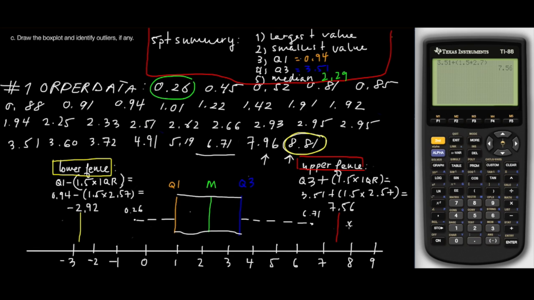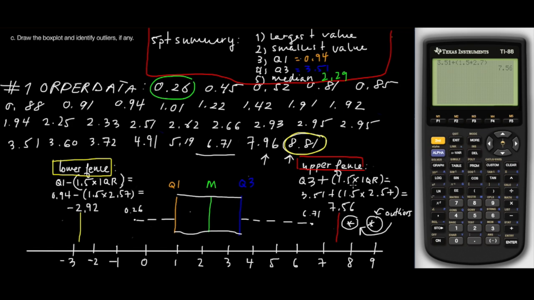Our first one will be right here at 7.96, and our second one will be right here at 8.81. So make sure you circle these so we don't think it is just a little dot, and we know that they are outliers. You can even identify them if you want. So these two right here would be our outliers.